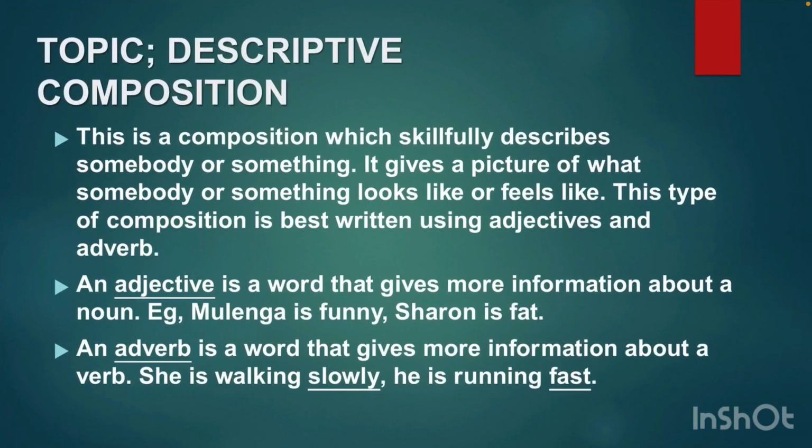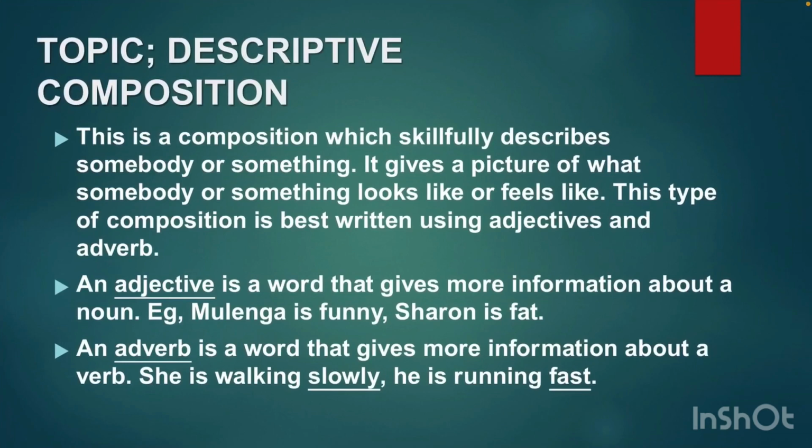So what is an adjective? An adjective is simply a word that gives more information about a noun. For example, Mulenga is a noun. A noun is simply a naming word, the name of a person, the name of a thing, etc. Now, how is Mulenga?